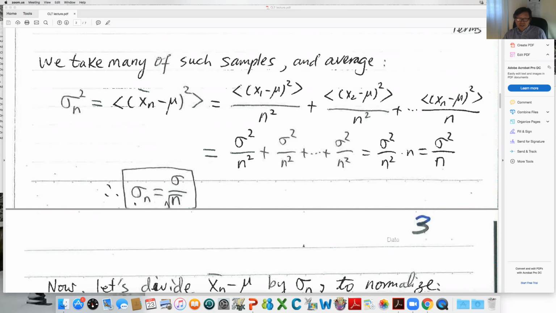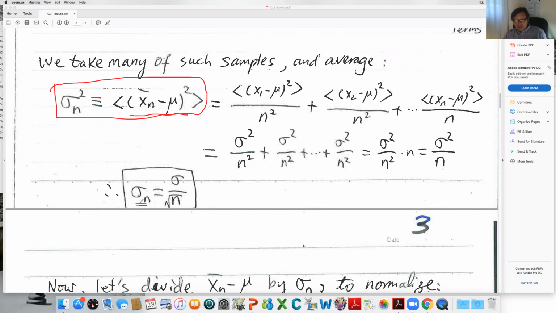Which means that if you take a sample of n and find your mean, this is the definition I should emphasize. This quantity is smaller than the population one; sometimes this is called the variance, or sometimes the RMS, root mean square.